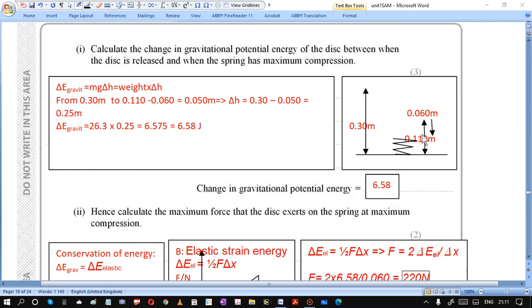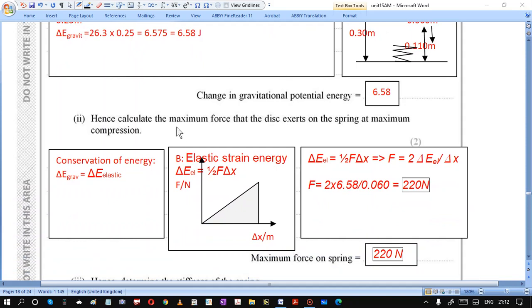So from 0.30 to 0.050, the height difference will be 0.25. And we have the formula for a change of gravitational potential energy, mg delta h. We substitute values and we get 6.858 joules.